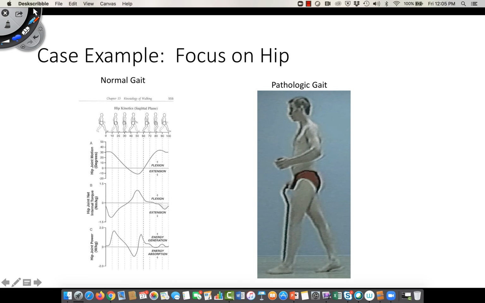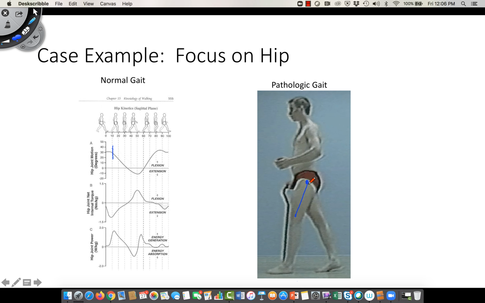Okay, so let's go to our pathologic gait example. So this is that same double support, initial contact point of the gait cycle. We can identify that again by looking at both limbs and knowing what we know about normal gait. So we can put the hip joint here, the knee joint there, and then we can look over here and say, okay, so this is about this transition.